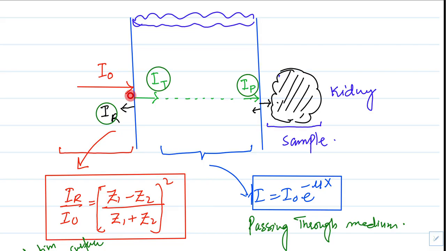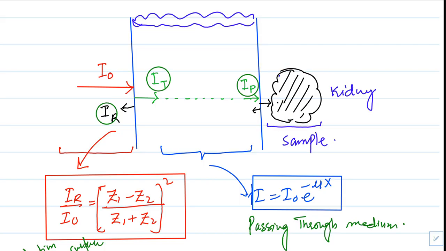When you apply the coefficient of reflection concept, it will be IR divided by I naught equals Z1 minus Z2 divided by Z1 plus Z2, whole square. But when some of the ultrasound has passed through the thickness of this material, inside the sample, you will use the attenuation formula.